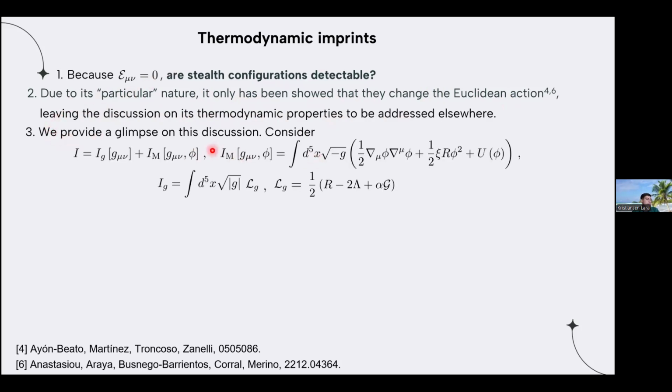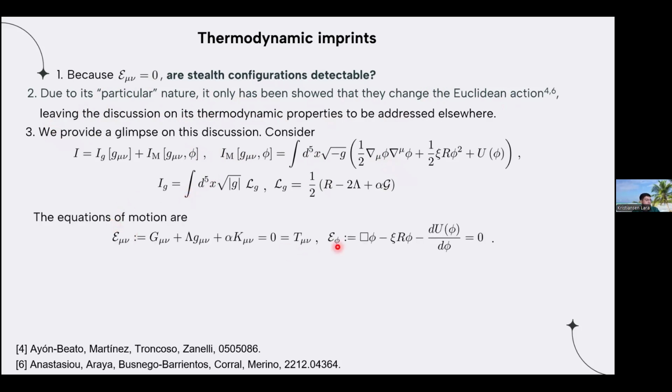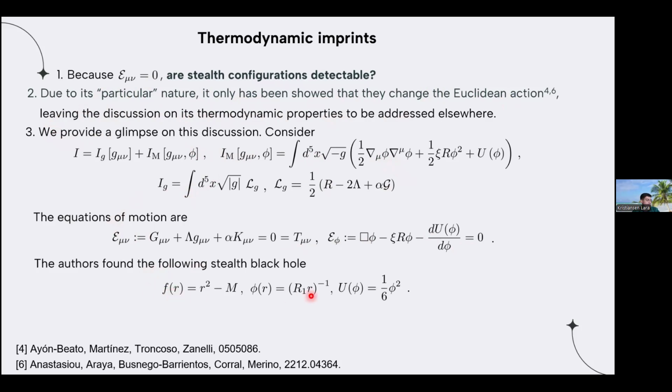So we consider the same example as before in 5 dimensions for the Bravo-Gaete-Hassane stealth configuration. And the equations of motion were like this. And the authors found the following configuration that I showed you before. So now let me redefine R1 as 1 over capital phi. So we have basically this configuration.